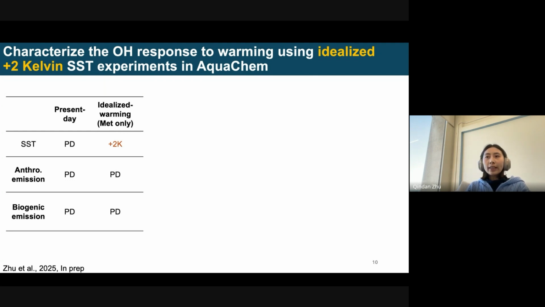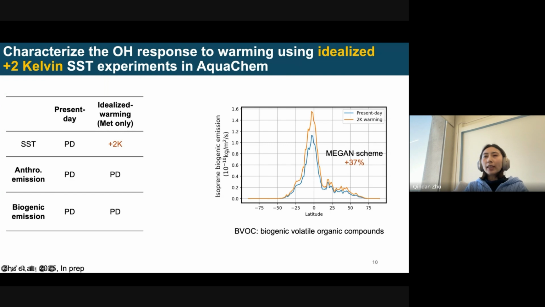And this 2 Kelvin is the upper limit of the temperature increase by 2100 under the Paris Agreement. But as we mentioned before, there's also an indirect OH response to the warming through these temperature-sensitive biogenic emissions. But this is the part that remains highly uncertain. And in the model simulations, we use the MEGAN emission scheme, which suggests that under the 2K idealized warming scenario, the biogenic emission will increase by about 37%.